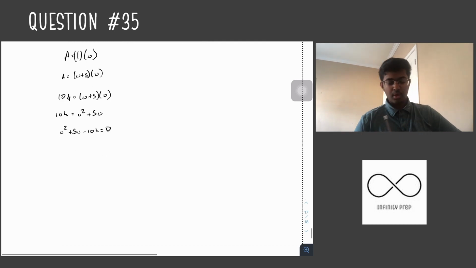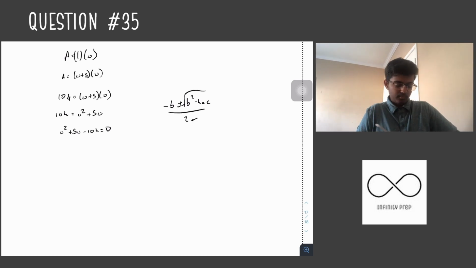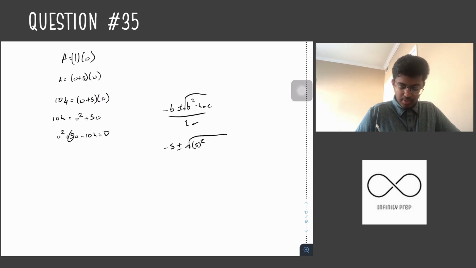This looks like a tough problem, so let's just put it into the quadratic formula, which is negative b plus or minus the square root of b squared minus 4ac, over 2a. B is 5, so negative 5 plus or minus the square root of 5 squared, minus 4 times a, which is 1, times c, which is negative 104, over 2 times a, which is 1.